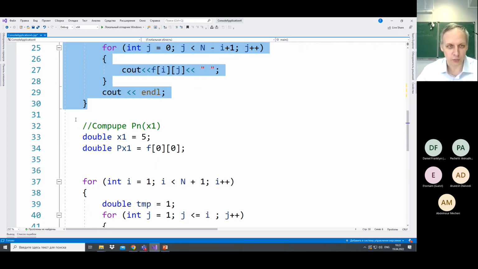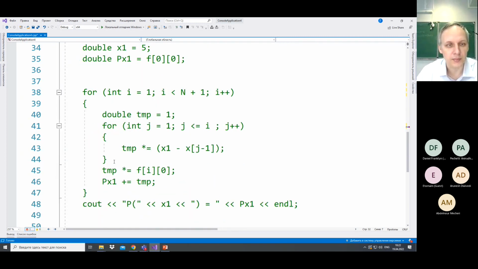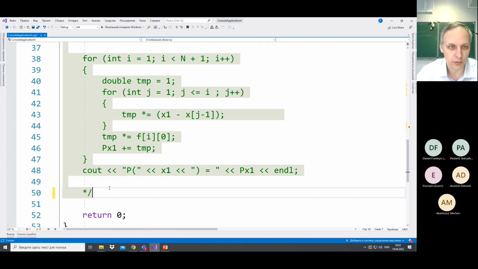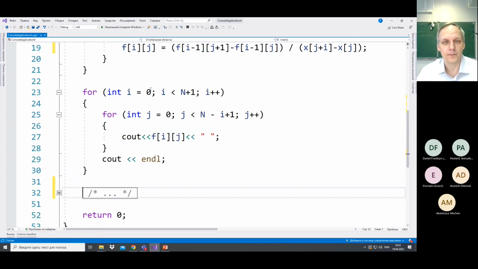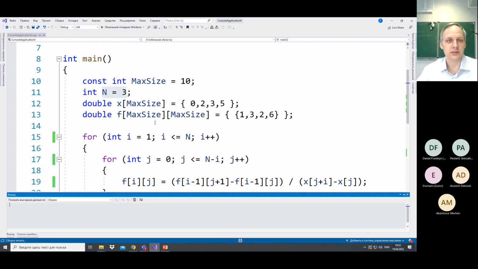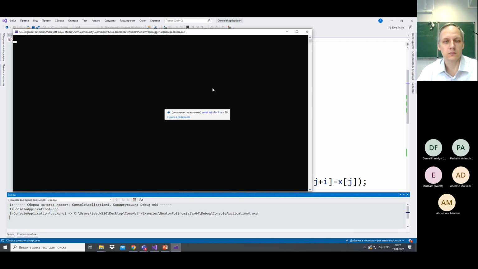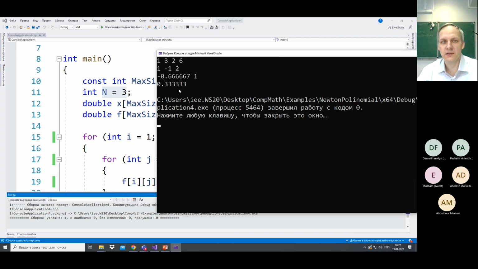This loop is just to output this table. Let's look at this table. I comment out the last part of the program now. We will discuss it later. And here n equals 3. Let's run the program. And we see the table of divided differences.